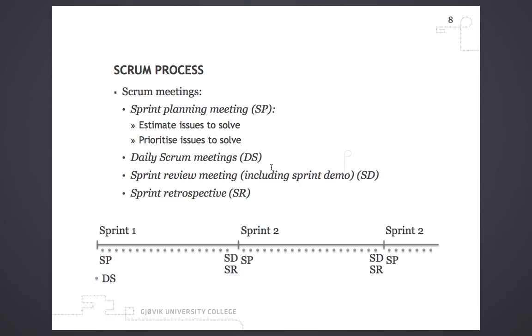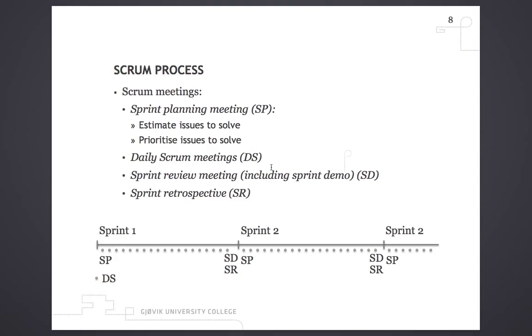Okay. The Scrum process. As I said, there are a lot of meeting points in Scrum methodologies, and the reason for that is that you want people to interact. Here is the duration of a sprint.